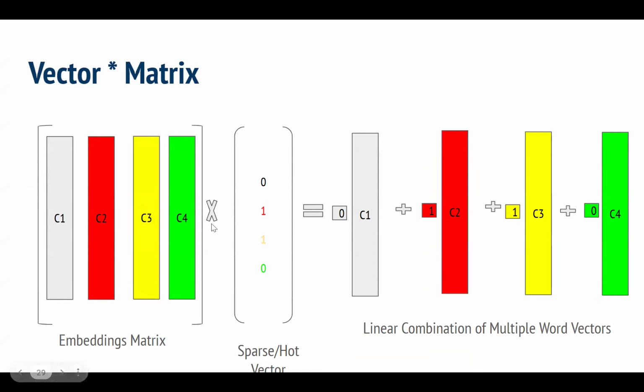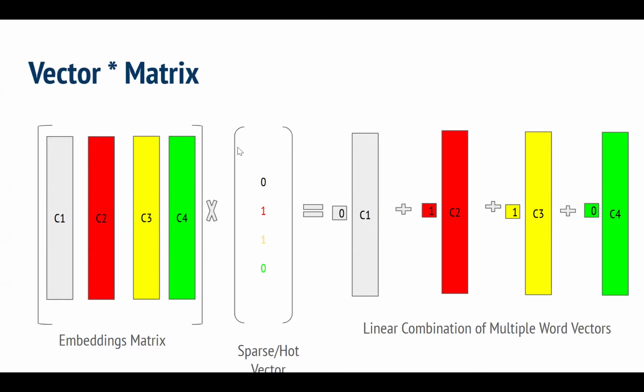A matrix is just a collection of columns, and you multiply a matrix by a column, and this column determines how you sum each column. That's called a linear combination of the columns. For example, 0 multiplied by C1, 1 multiplied by C2, and 3 multiplied by C3, and 0 multiplied by C4. So when you multiply a vector by a matrix, you are taking a linear combination of the columns of that matrix.